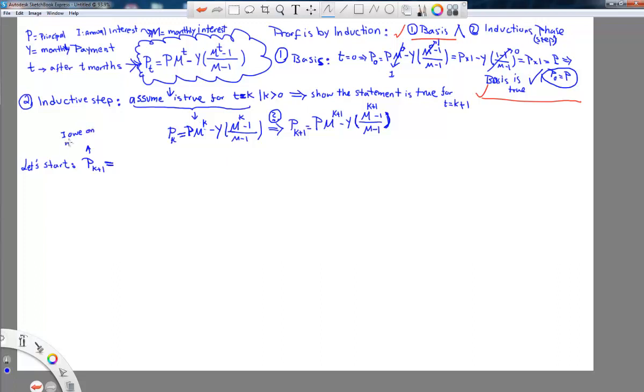So P sub k plus 1, which is the amount I owe on month k plus 1, is going to be equal to P sub k, which is the amount I owed last month, multiplied by m, which is my monthly interest, and then from this amount I'm going to pay y, which is my payment.